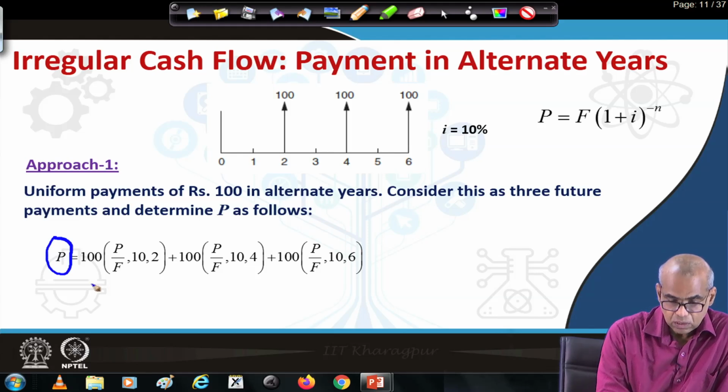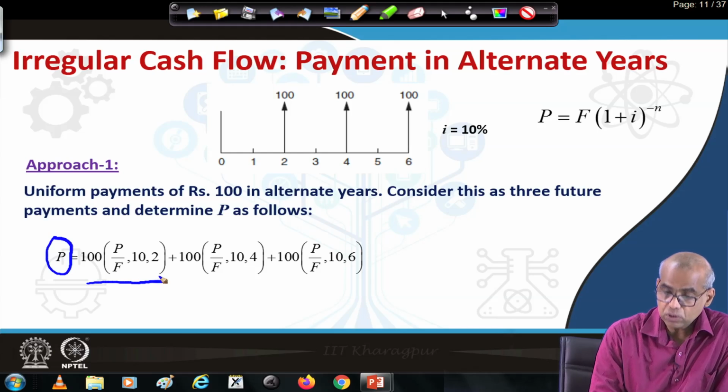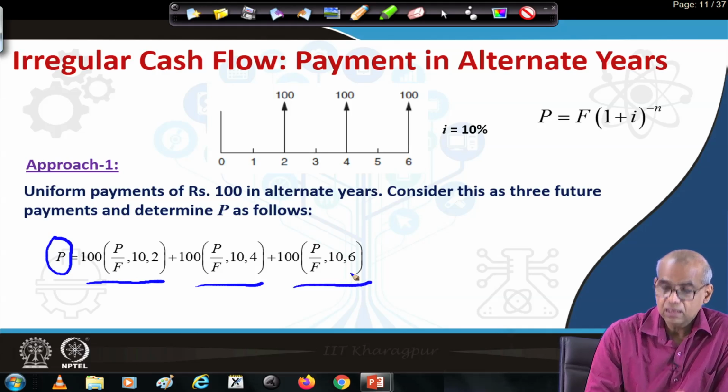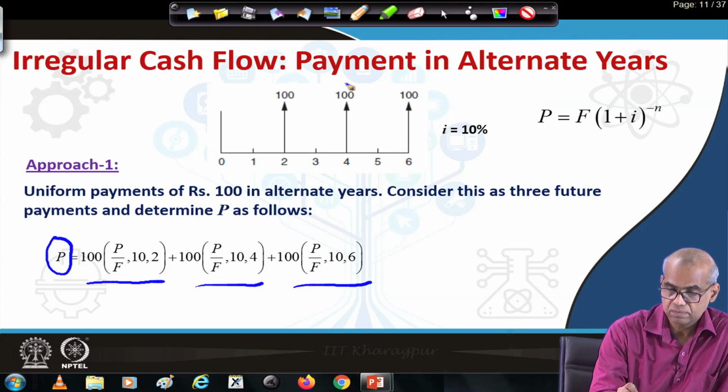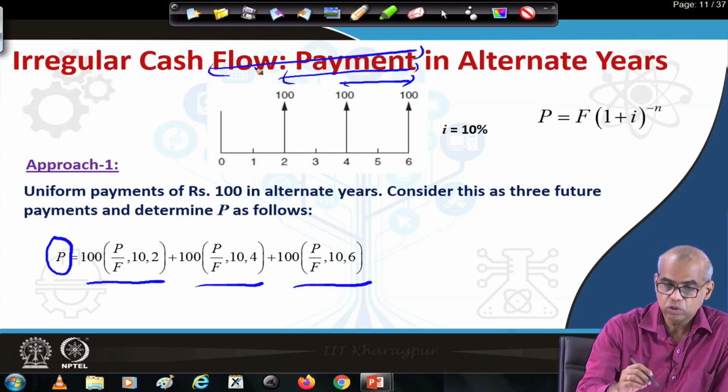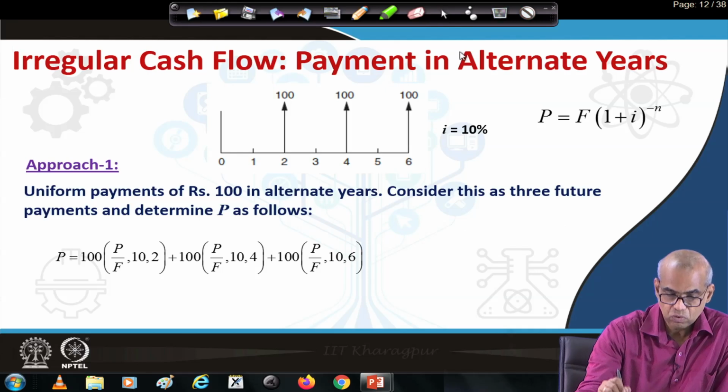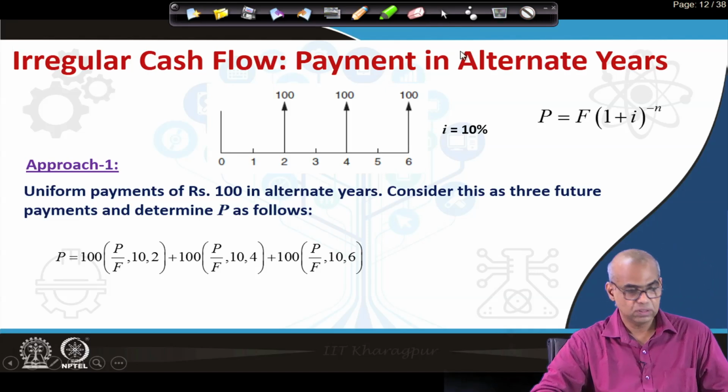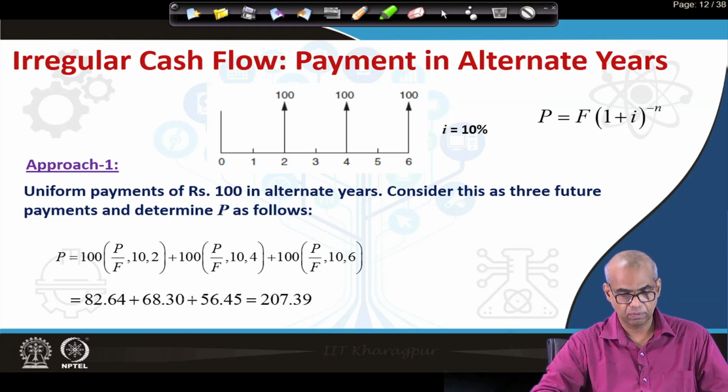One works for 2 years, another works for 4 years and the third one works for 6 years, 2, 4 and 6. So, this computation will give you the value of P as 207.39.